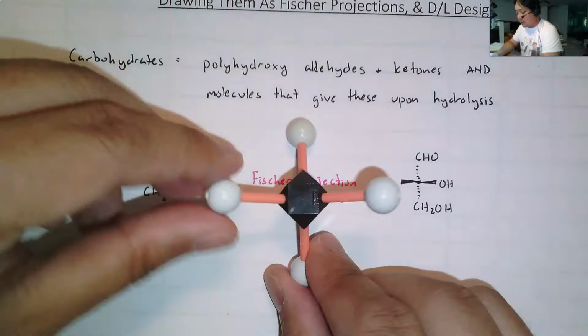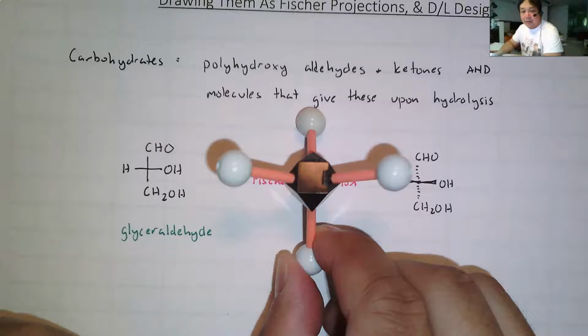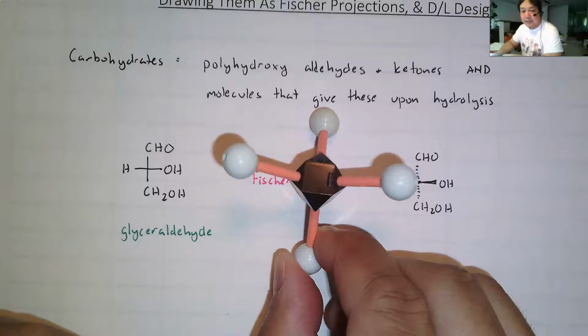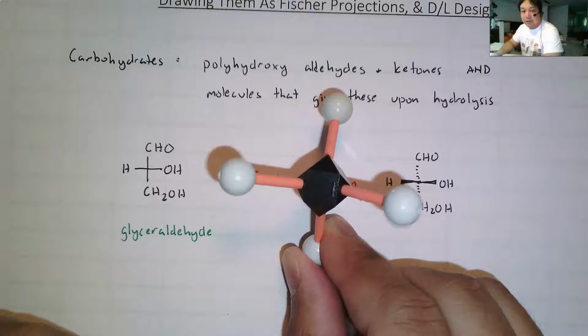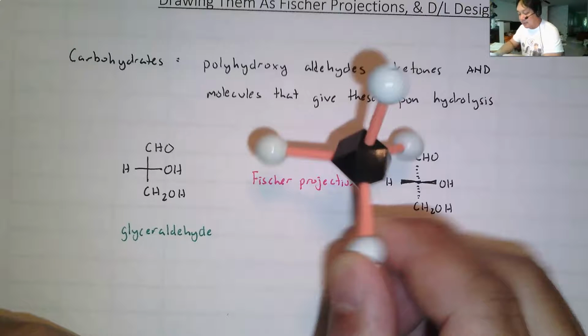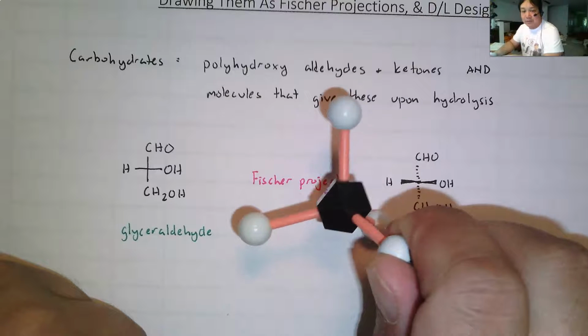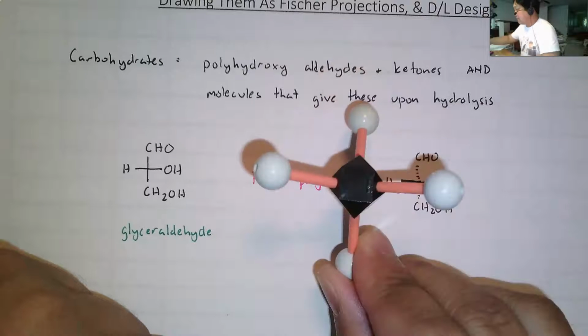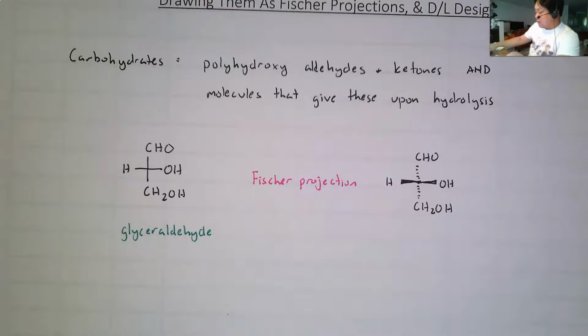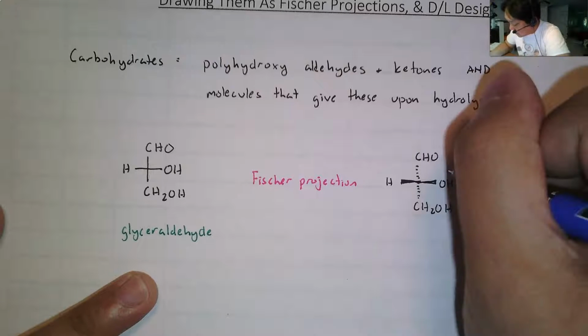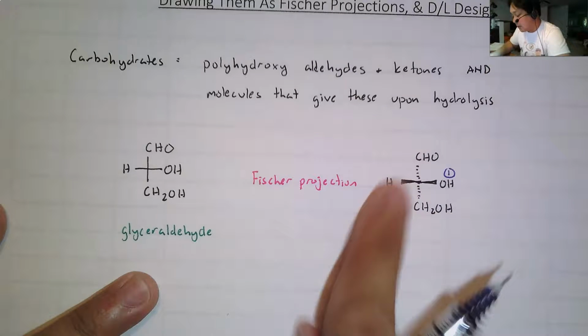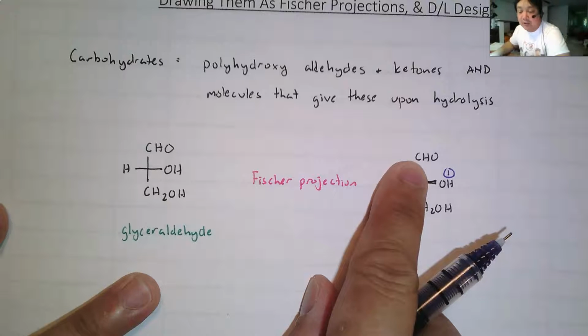If I hold it like this, do you see how we have two hydrogens pointing towards us and two hydrogens going away from us? But it's still the tetrahedral molecule. We might as well practice a little bit of R and S. Priority number 1, oxygen. Priority number 2 is this carbon that's connected to oxygen with a double bond.